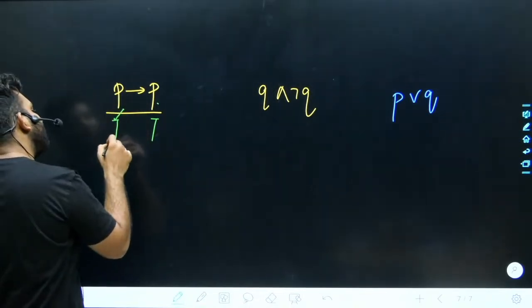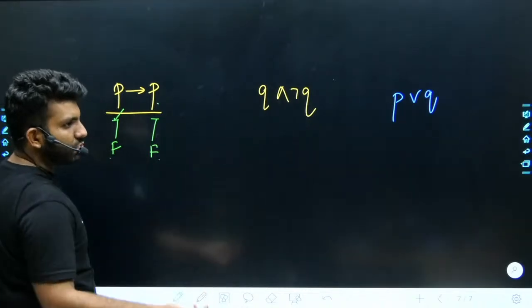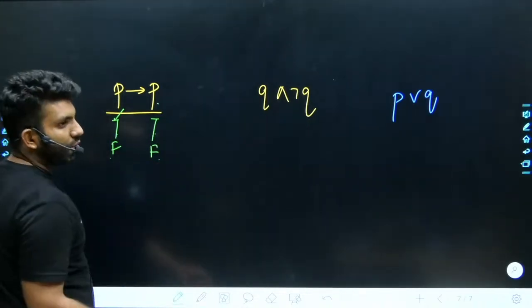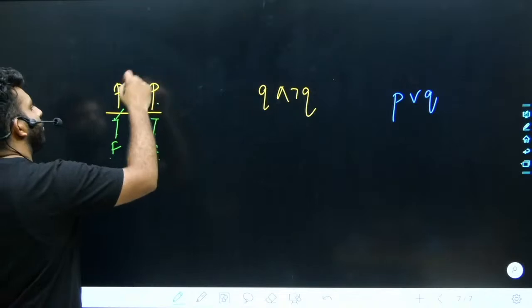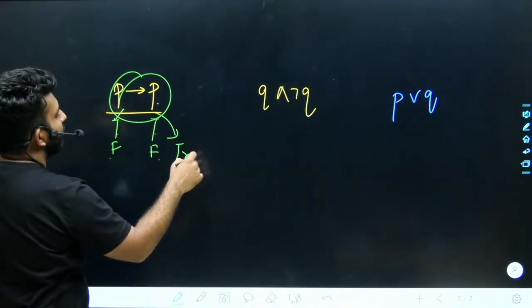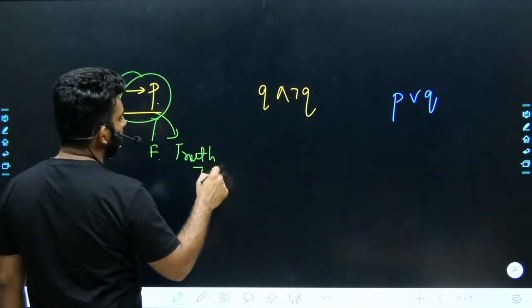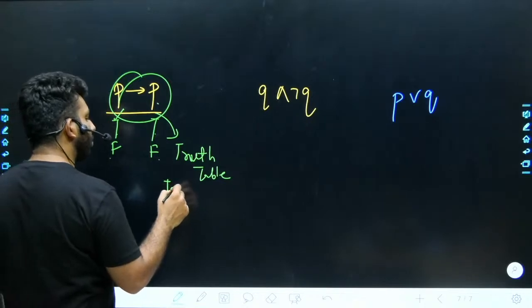Whenever this is false, this is also false. So false implies false is always true. True implies true is always true. So if you draw a truth table for that, it will have only true values. It will always be true.